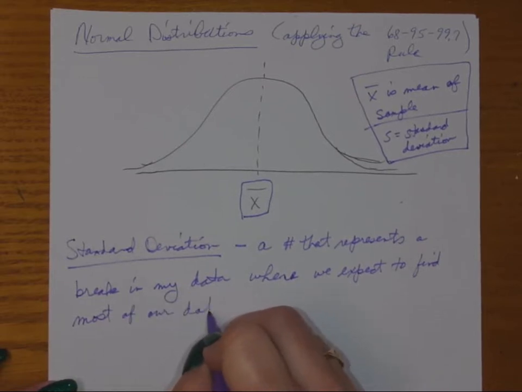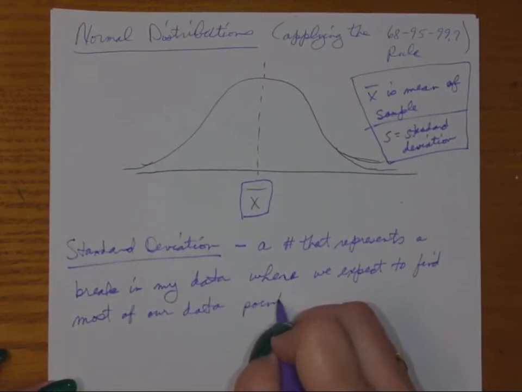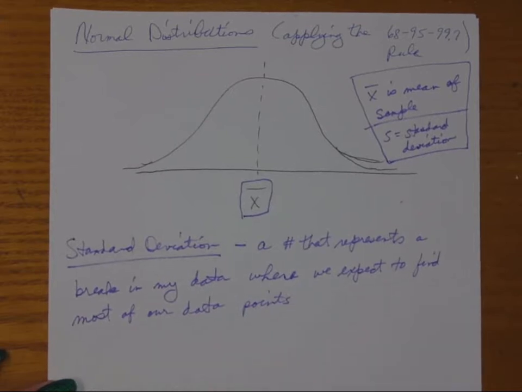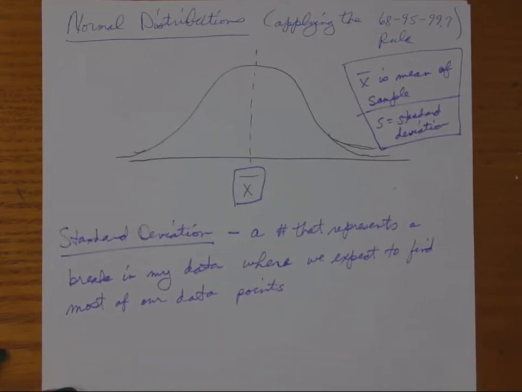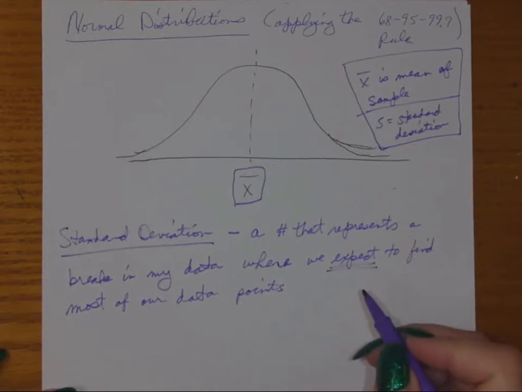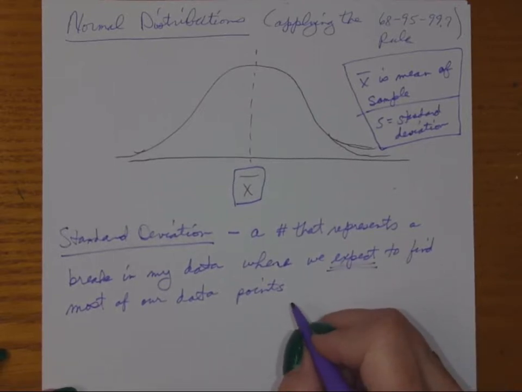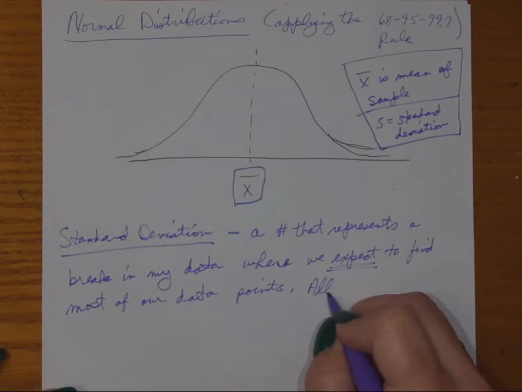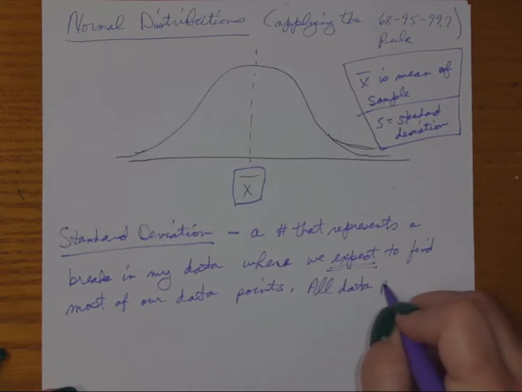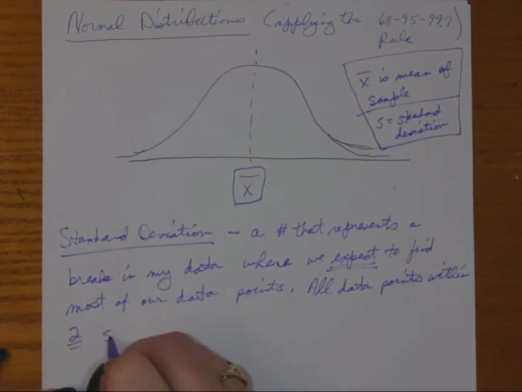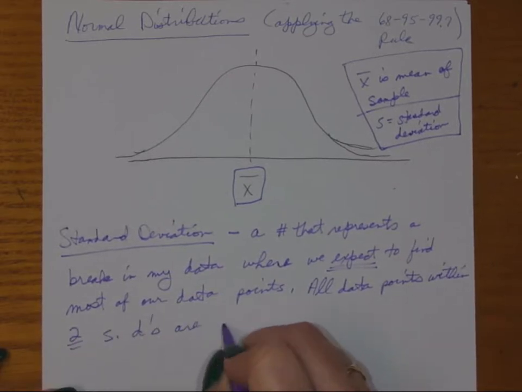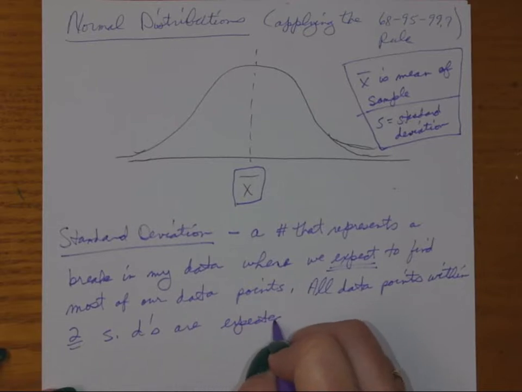Okay, so what that means is, in our case, it's going to be 2 standard deviations. We will say those are expected values. Okay, again, there's that word expect. So all data points within 2 standard deviations are expected.